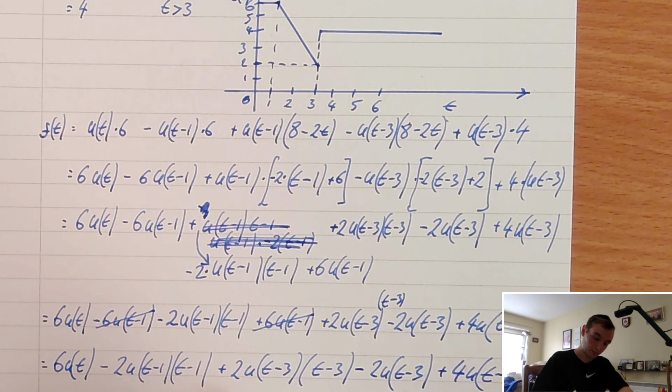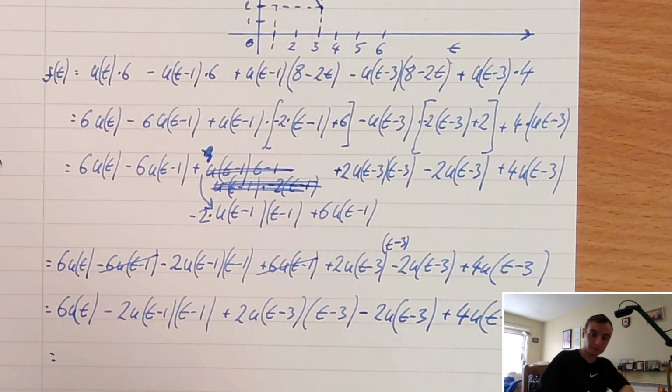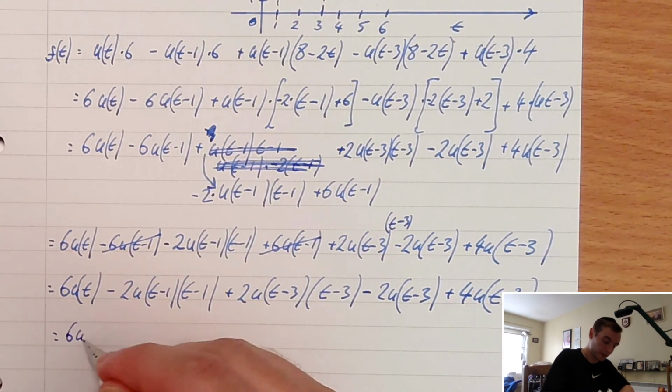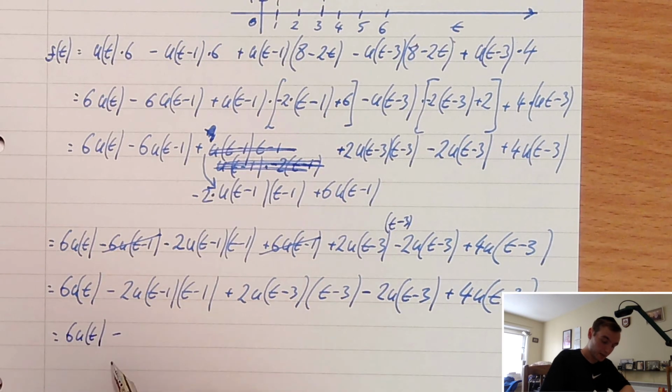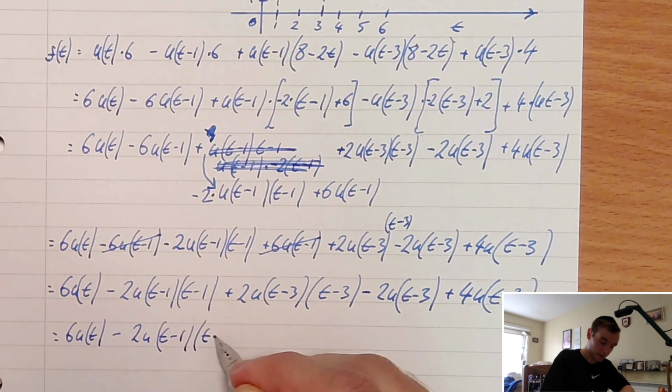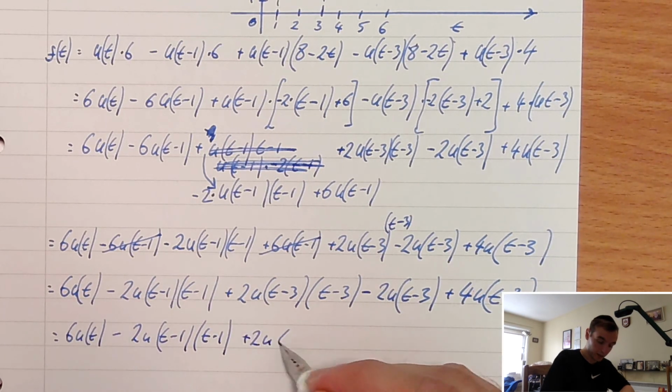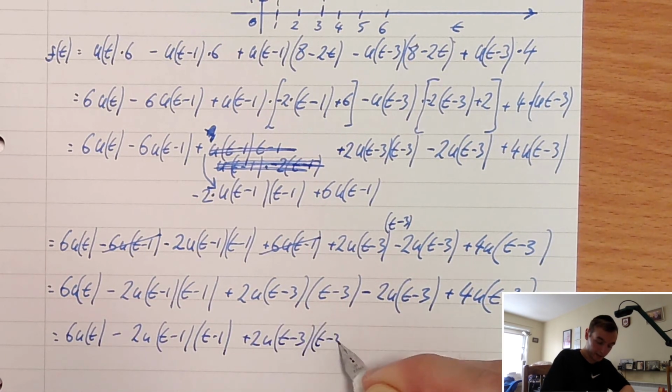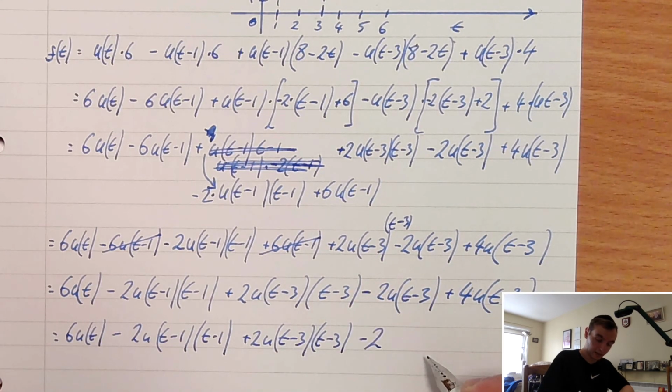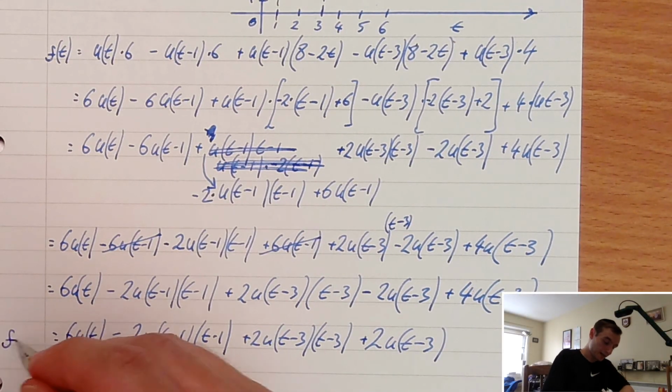So we can actually simplify those two terms. We can say that's going to be equal to 6u(t) minus 2u(t minus 1)(t minus 1) plus 2u(t minus 3)(t minus 3) plus 2u(t minus 3). And that's going to be f(t).